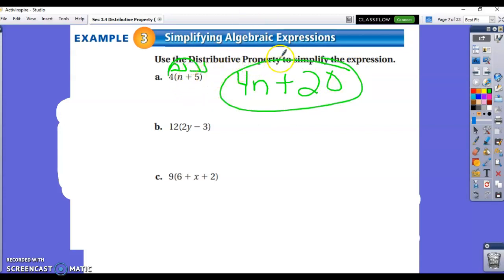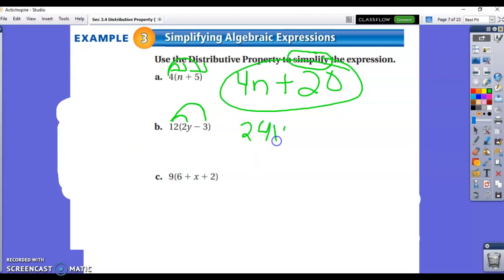The reason that that's my answer is that we are simply simplifying the expressions. We are not trying to solve an equation. We are simplifying the expression. So for this, we're going to do the same thing. We're going to distribute 12 to both 2y and 3. The first one we'll do is 12 times 2 is 24.